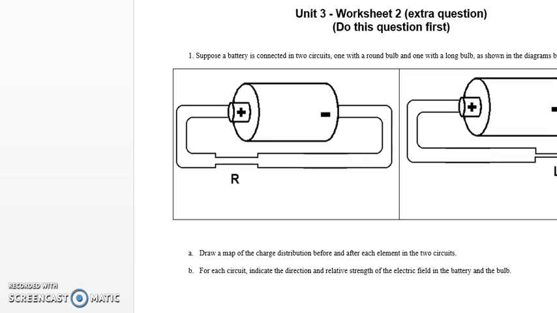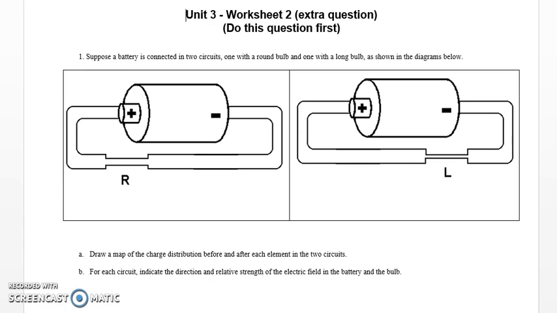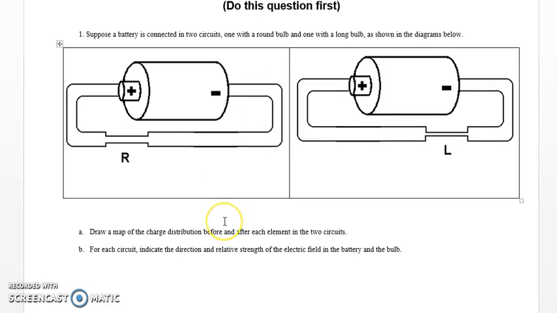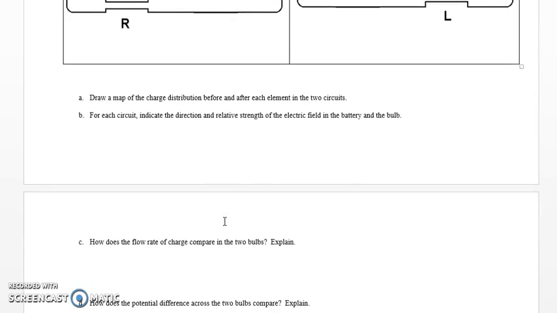So I did something like this. Let's look at single bulb circuits side by side and work our way through exactly the same questions that are in worksheet 2 for the two bulb circuit.